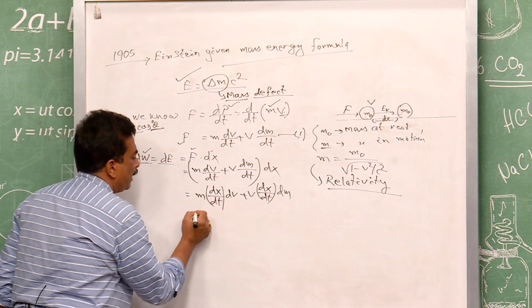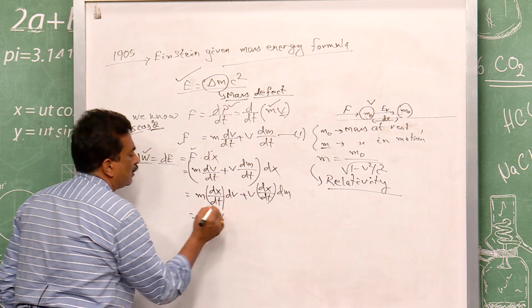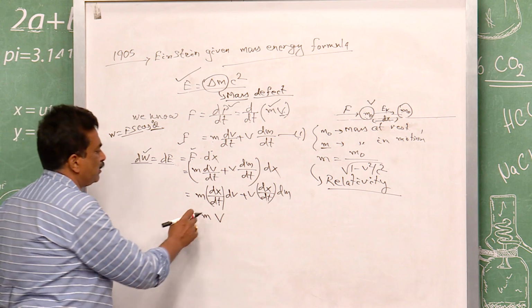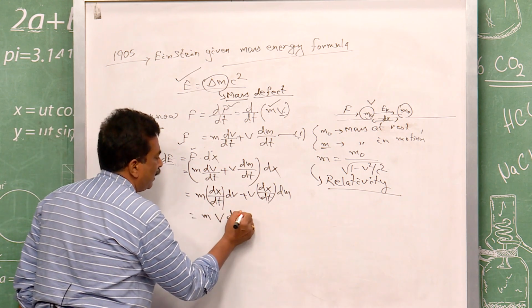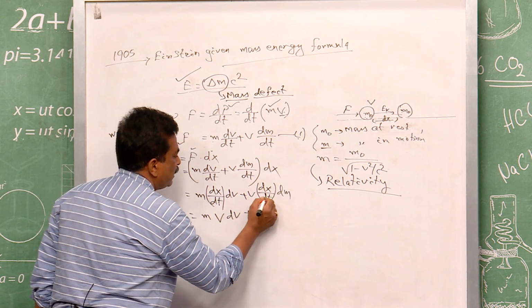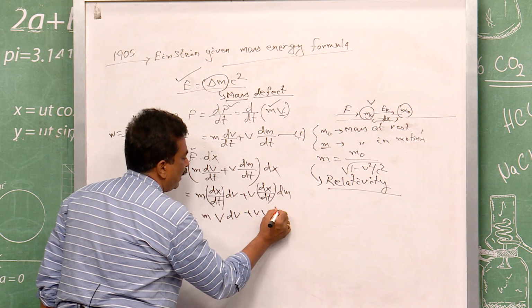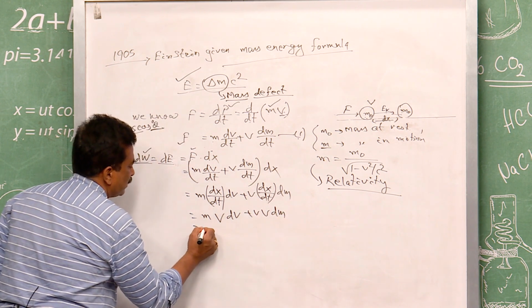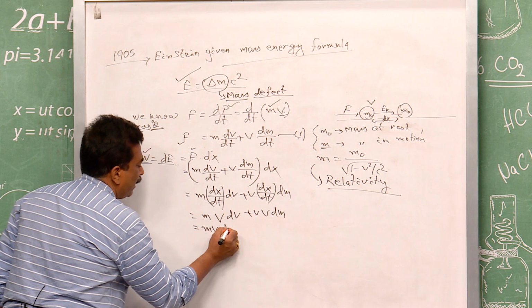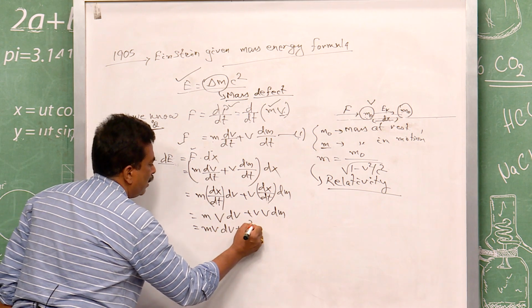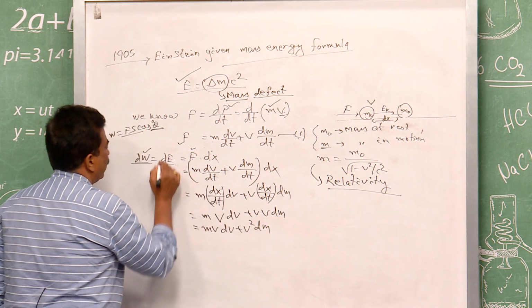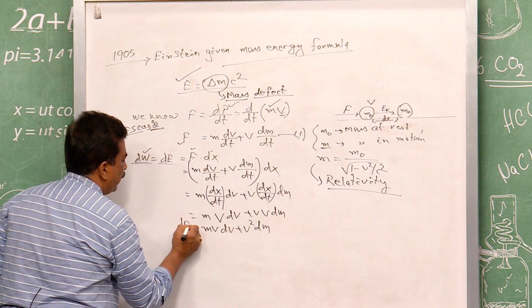So dx/dt is nothing but the speed v, and that is equal to m v dv plus v square dm, that is equal to dE.